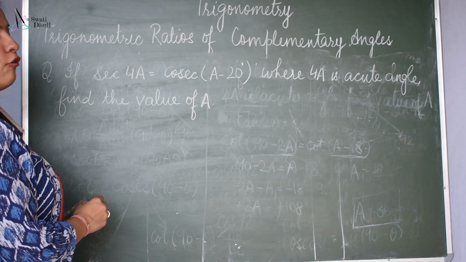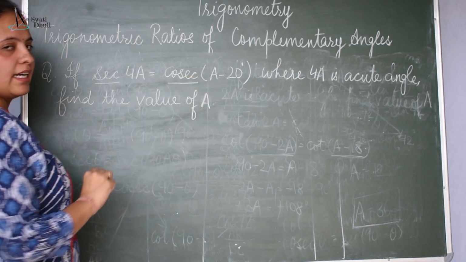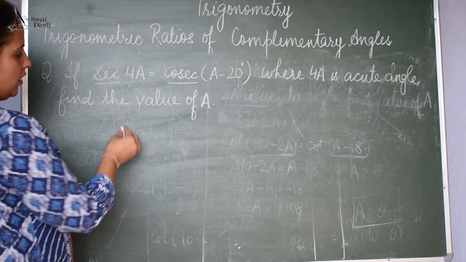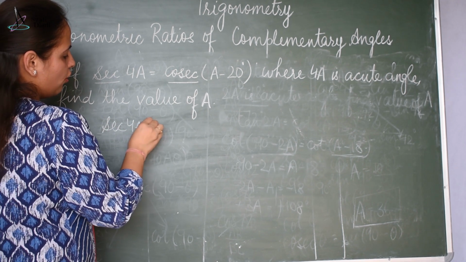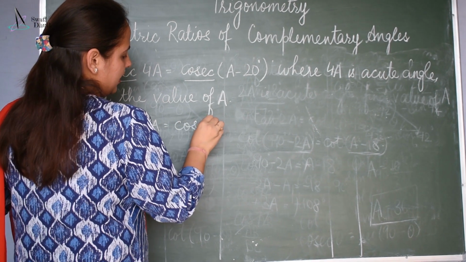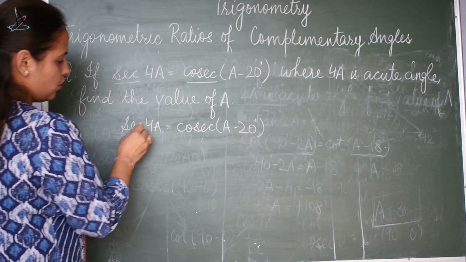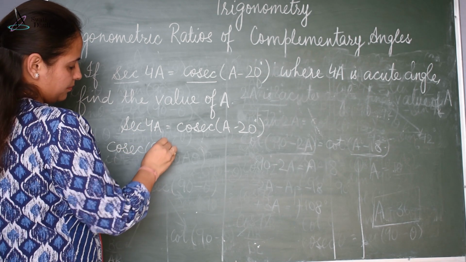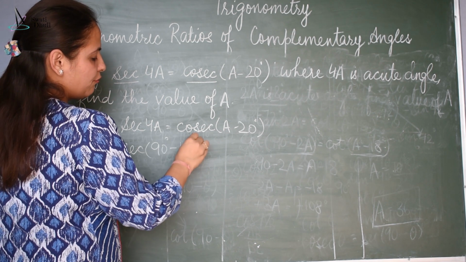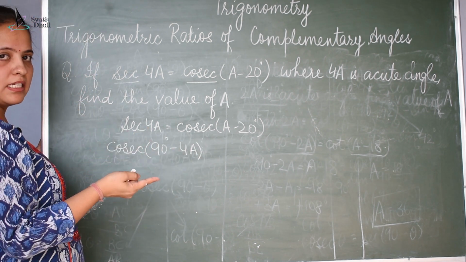Secant and cosecant are complement to each other. So secant 4a is equal to cosecant a minus 20 degree. Secant 4a can be written as cosecant 90 minus 4a, because secant theta is equal to cosecant 90 minus theta.